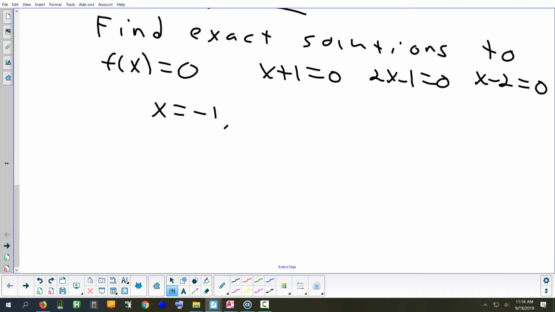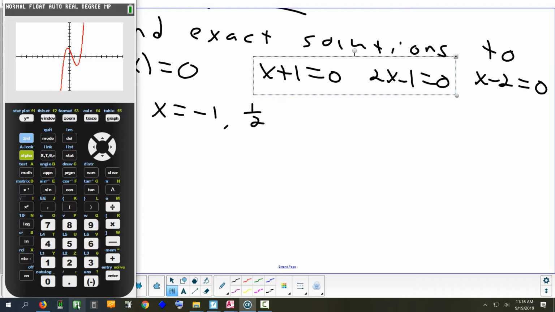What about the second one? To make the second one 0, what would x have to be? Negative 0.5. Let's see. Close. Yep. 0.5. 0.5, 1/2. 2 times 1/2 is 1, 1 minus 1 is 0. And if you go back and look at your graph, 0.5. What value of x would make the last one 0?